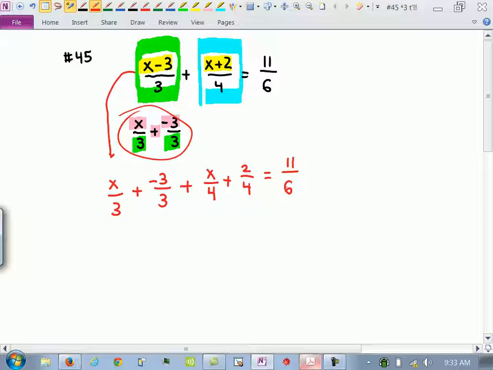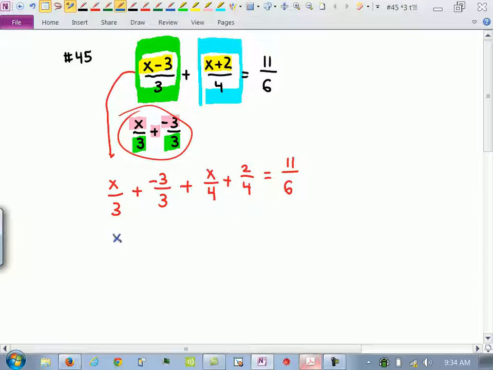All right. Now there's some other stuff I can do here. Any questions though? Notice that negative 3 over 3 is just negative 1, right? It's a whole number. It's negative 1. And also the 2 over 4 is a fraction that can reduce to become 1 over 2. So I'm going to choose to simplify that out a little bit first.